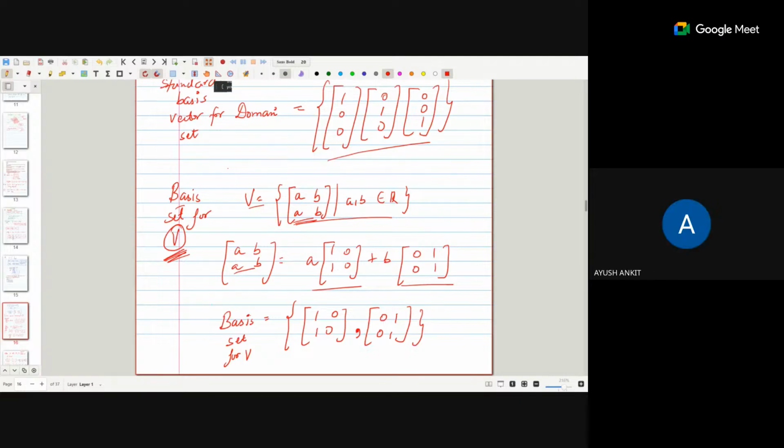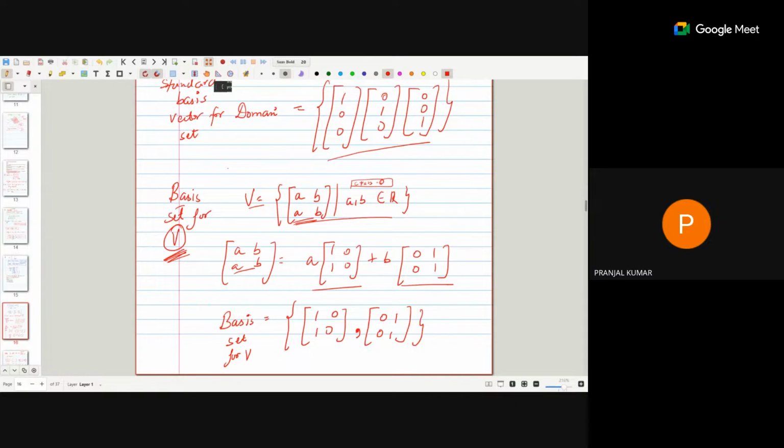One more thing: suppose some condition was given here involving a variable, say c, such that C plus A plus B is equal to 0, and there was a C element here.